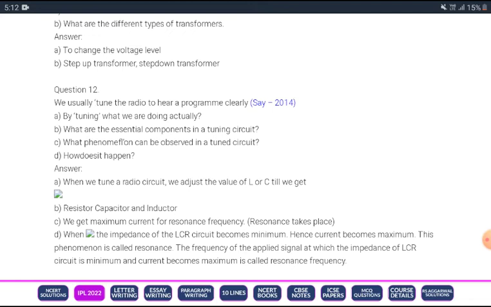When the impedance of the LCR circuit becomes minimum, hence current becomes maximum, the phenomenon is called resonance. The frequency of the applied signal at which the impedance of the LCR circuit is minimum and the current is maximum is called resonance frequency.